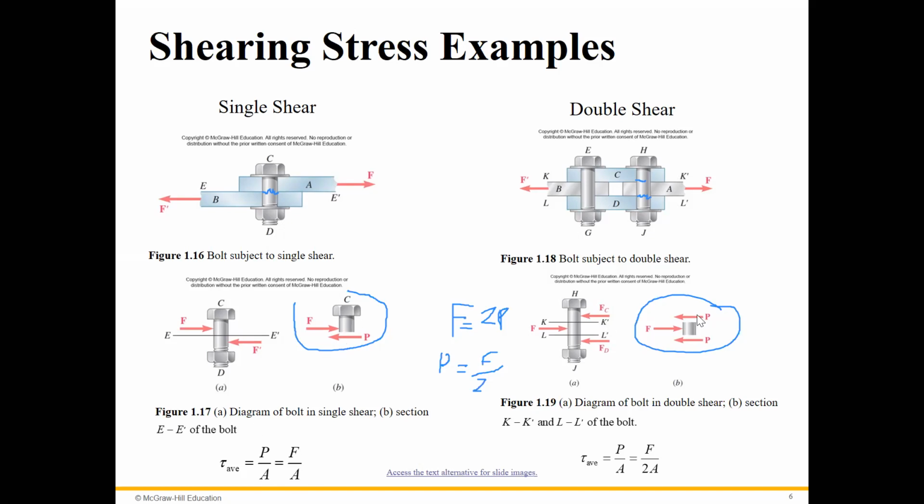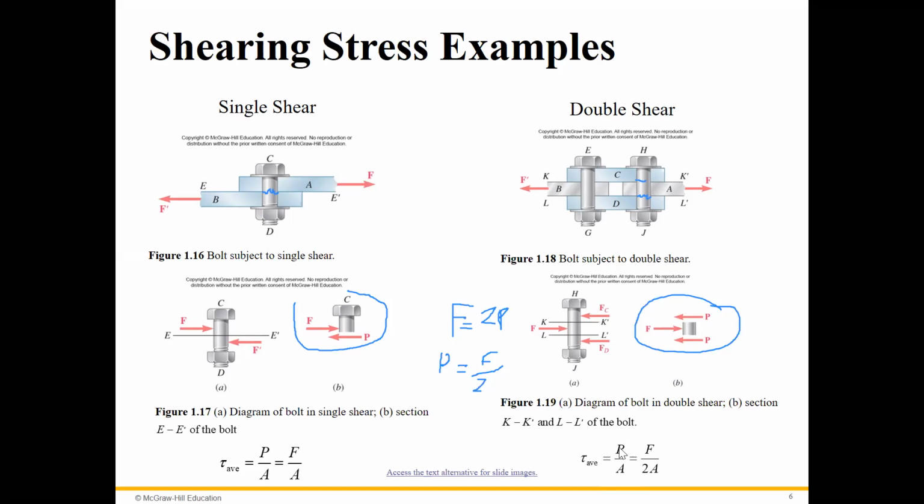But for double shear, since we have two surfaces, right? And this is a free body diagram, and because we need to divide the internal force by A, the internal force would be F/2, right? Professor: So P over A is the general case, and F/2A is the specific case. P over A, P would be the force in the section, right?